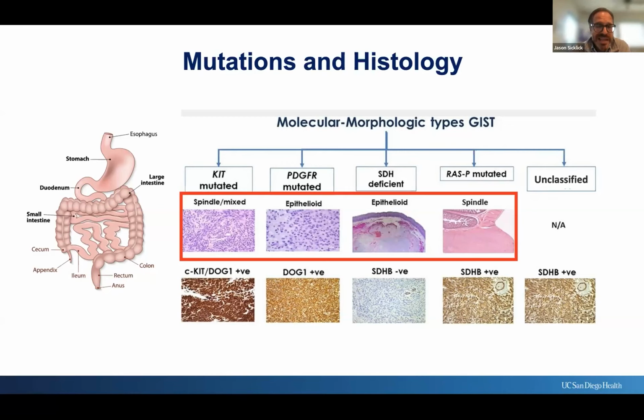What we know is that the KIT mutant GIST tend to be spindle, or this kind of wispy looking here, or a mix of spindle with what we call epithelioid, which is what we often see with the PDGFR alpha or the SDH ones, versus the NF1 mutant GIST tend to be more back to the spindle type look that we see with the KIT mutant GIST. And it's only, again, putting this all together where we see the SDH ones that are negative for the SDHB staining.